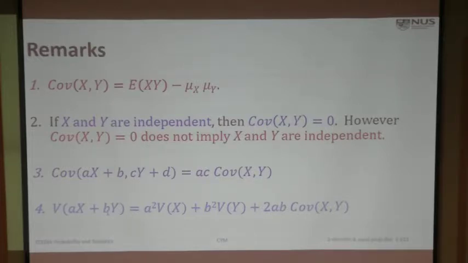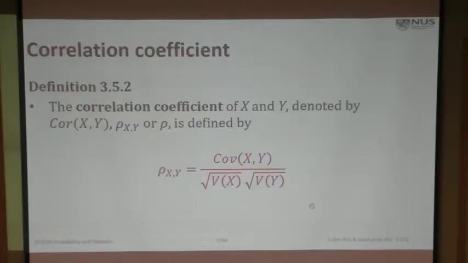It turns out that the variance of aX + bY is precisely equal to the square of the constant a times the variance of X, plus the square of the constant b times the variance of Y, plus 2ab times the covariance of X and Y. Again, we can verify these formulas, but let's take them for granted right now, and I will write down the proofs for you tomorrow.